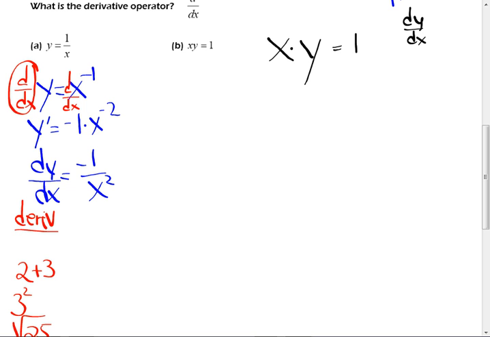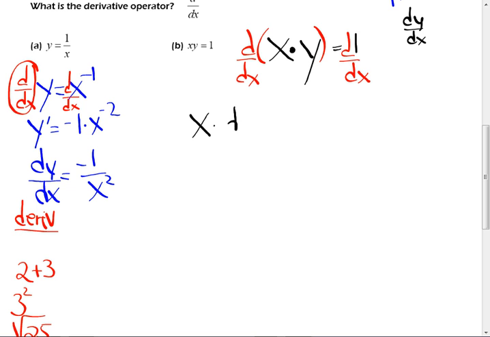So the operator is this d dx. It says, I'm going to find the derivative of the left side, and I'm going to find the derivative of the right side. And I put a big dot there. I don't know if it's big enough for you to realize what rule do I have to use. Not quotient, product. So it's x times the derivative of this one.